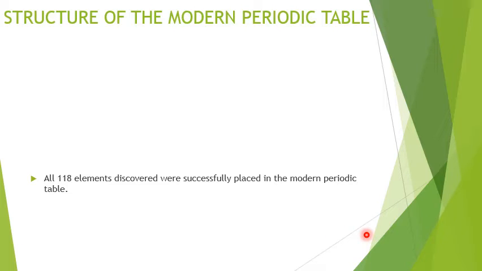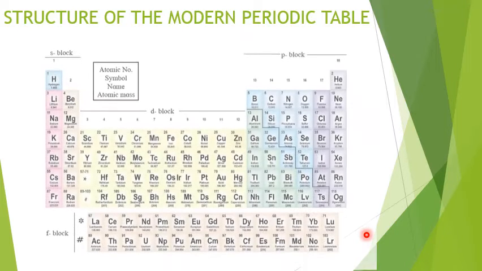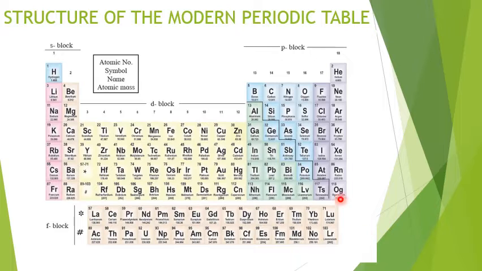All 118 discovered elements were successfully placed in the modern periodic table. Do not get confused here. See here, 57 to 71, and 89 to 103.